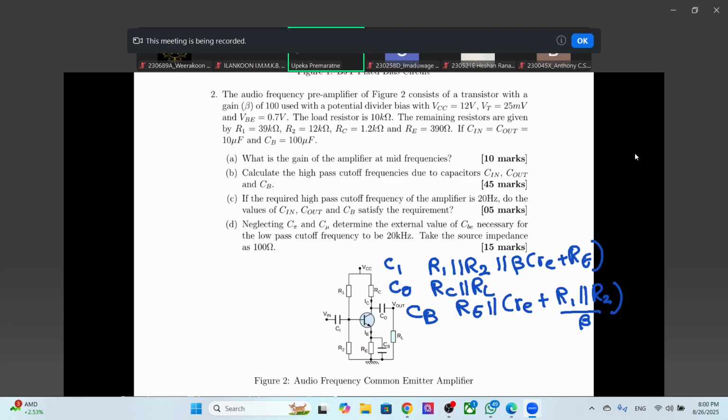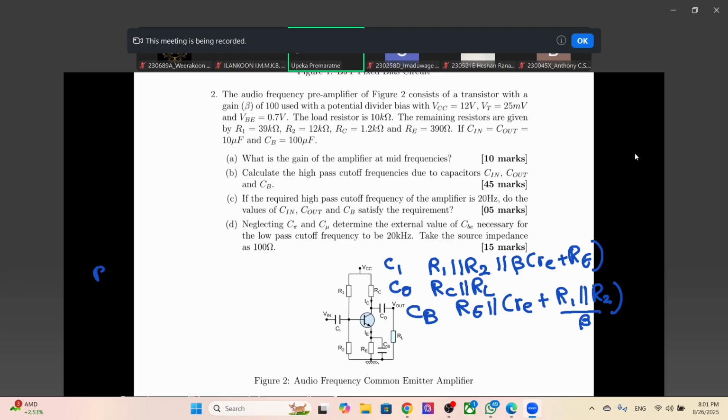So ZS is 0. So let's calculate the values now.